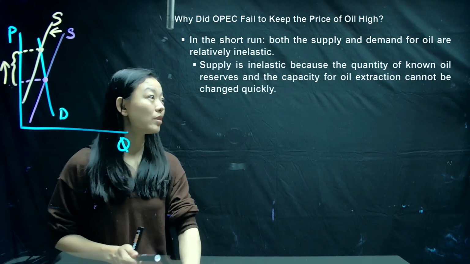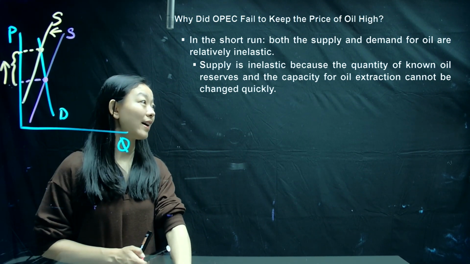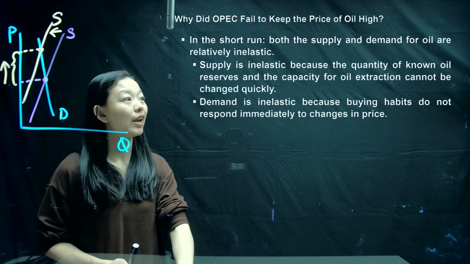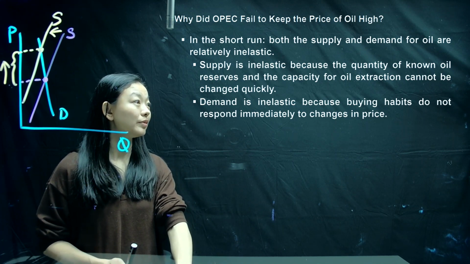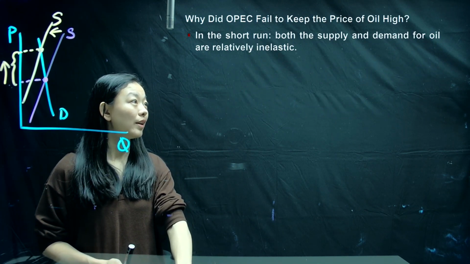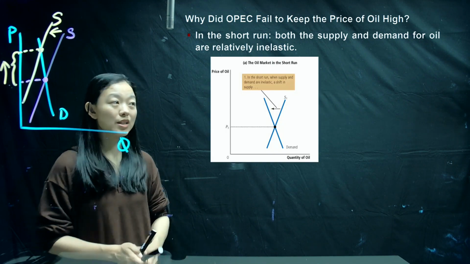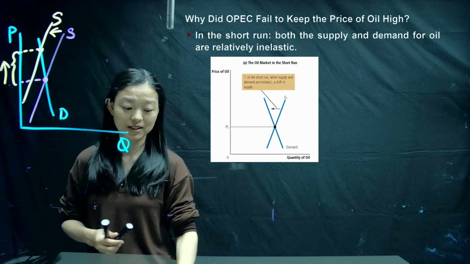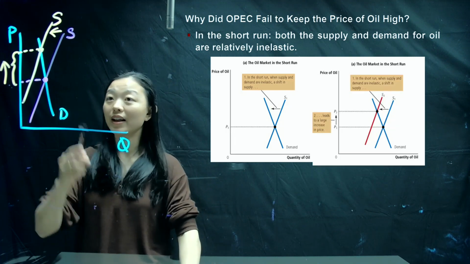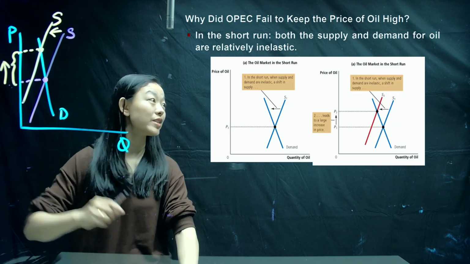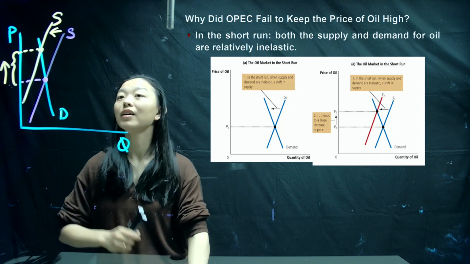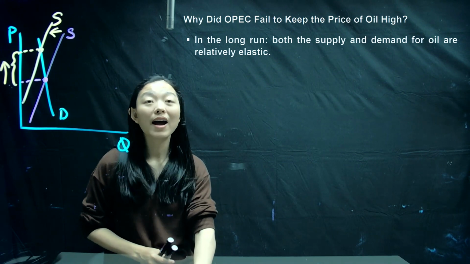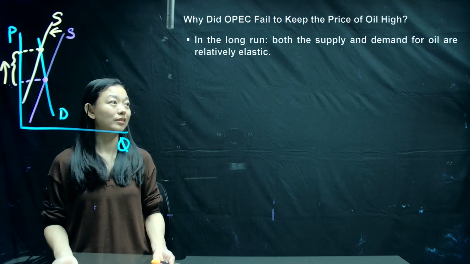So you can see supply is inelastic, and demand is also inelastic in the short run. Therefore, in the short run the demand and supply curves were relatively steep, and when they cut down the supply, the price increased dramatically, 50% or even double.